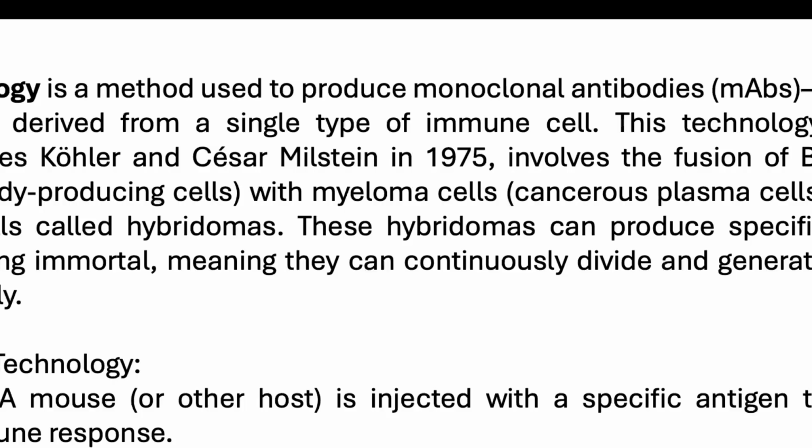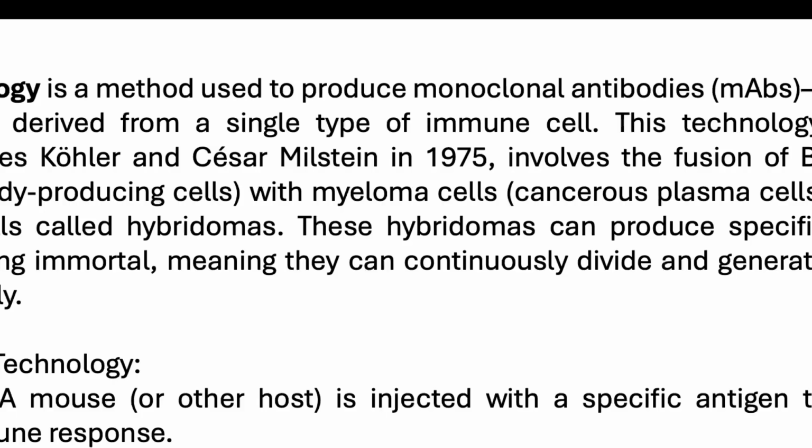The question that was asked in the chat box by, I think, Shanmuga. HAT stands for hypoxanthine, aminopterin and thymidine medium. So these are three components of the selection medium, and why we use this medium we will come to in the follow-up questions, which selectively allows only fused hybridomas to survive.